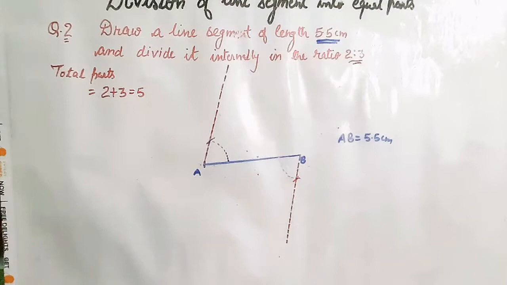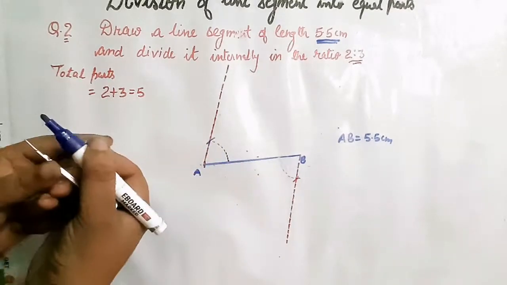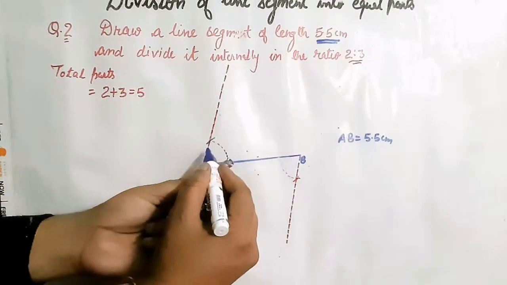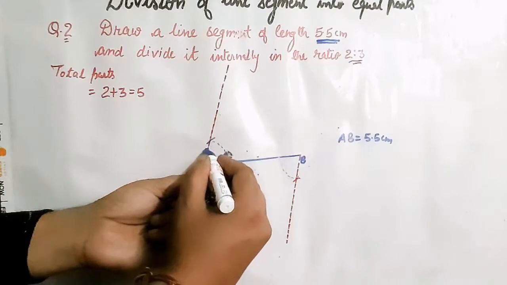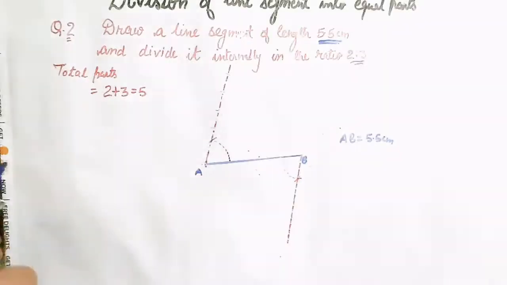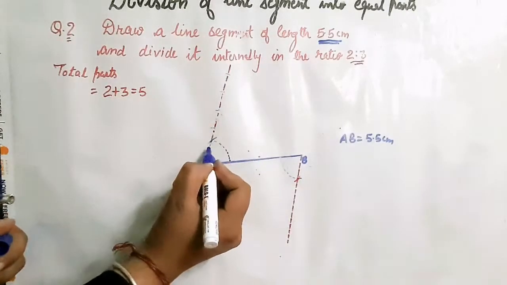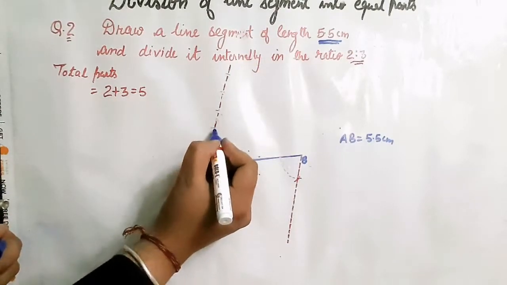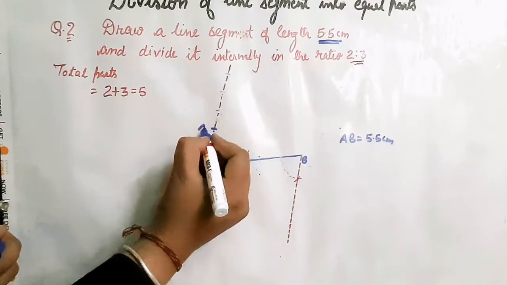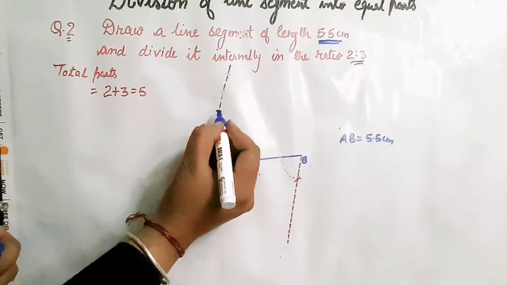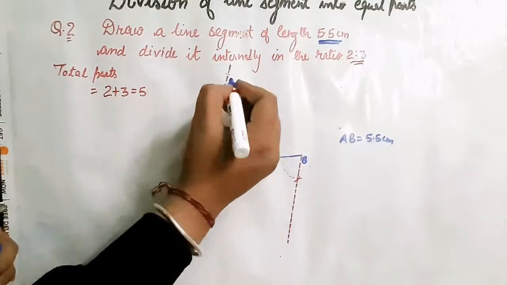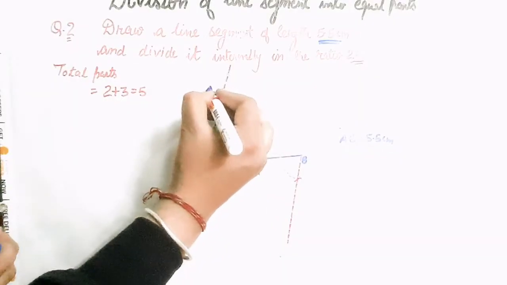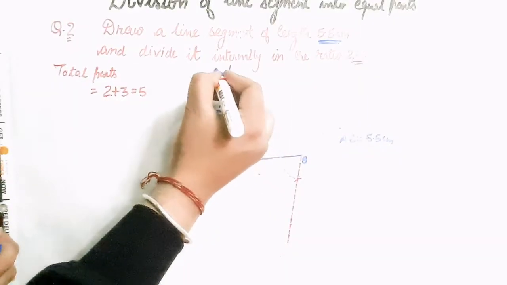It means you now have to mark 5 equal parts on the arm of angle A. Let me mark them. This one is your first point. Let us name it A1, then the second point is A2, then A3, then A4, and the fifth point is A5.